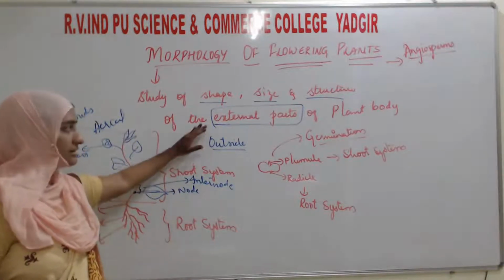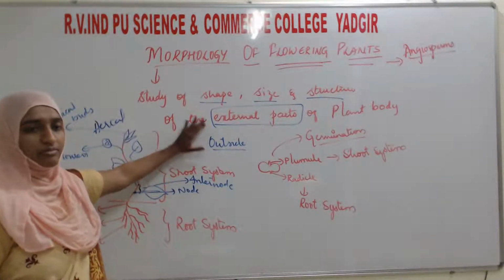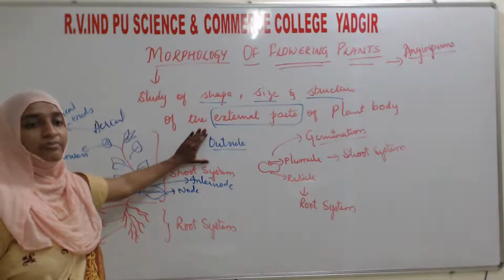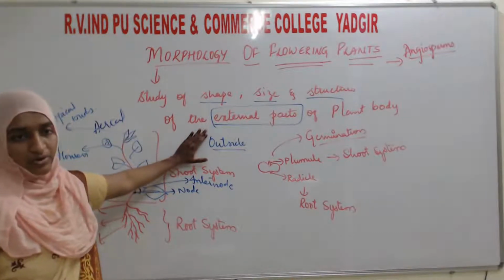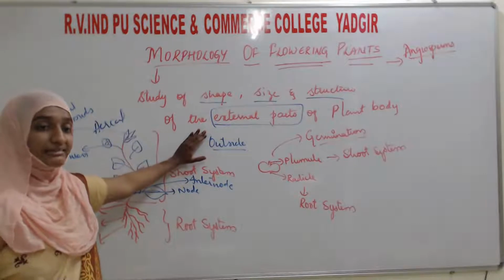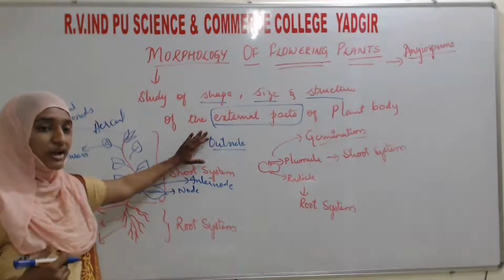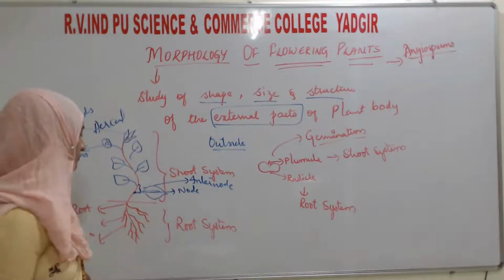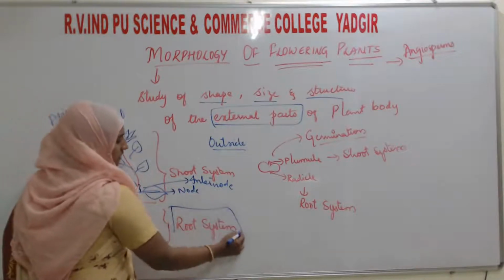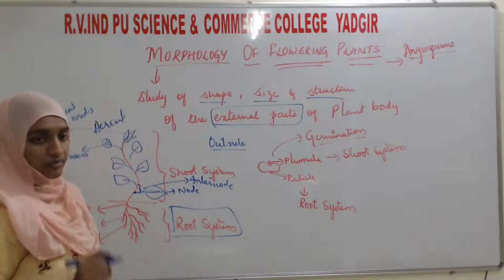We are going to study the external parts of the plant body: their size, shape, function, and structure. All these things we have to study one by one. So first we will see about the root system.